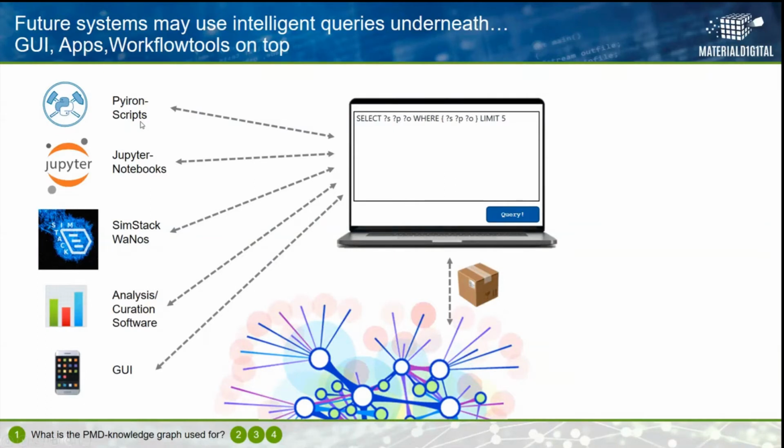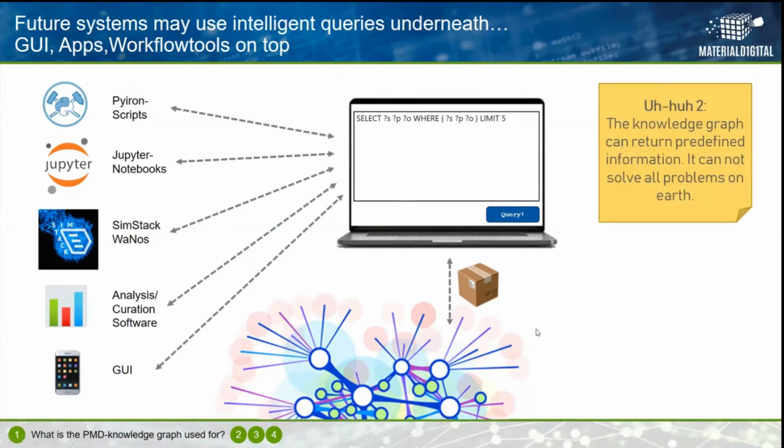These will be scripts that run inside these frameworks, but this might also be Jupyter notebooks or any other external software, or a GUI where your user says, give me information. In the end, most of these questions will have to be translated into a query that is structured and able to retrieve the right piece of information from our system.